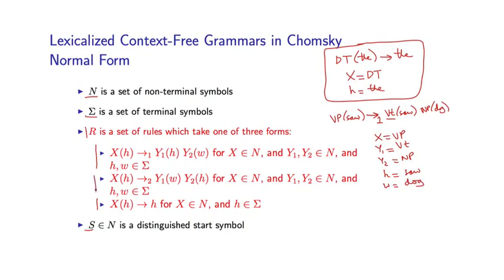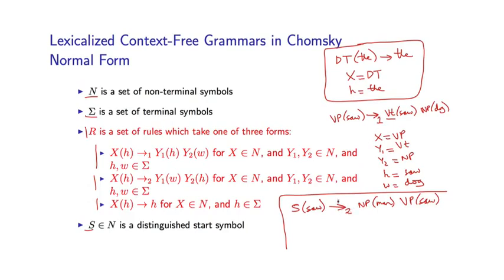This case is similar. Let me give an example of this rule. This, for example, could be S_saw goes to, with subscript 2, NP_man, VP_saw. Notice in this case the head word comes from the second child, and that's why the arrow is annotated in this way.